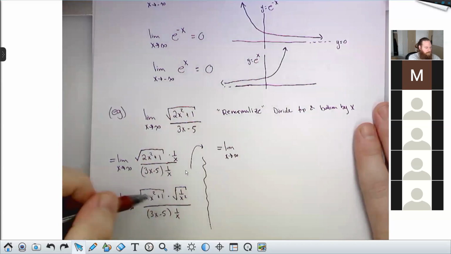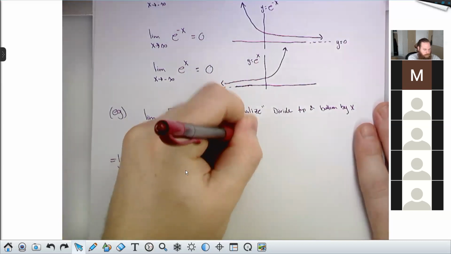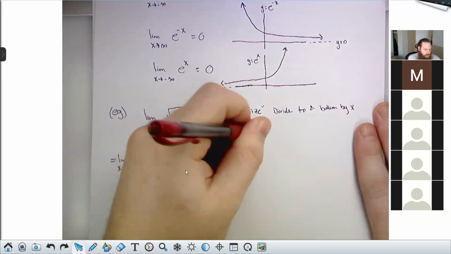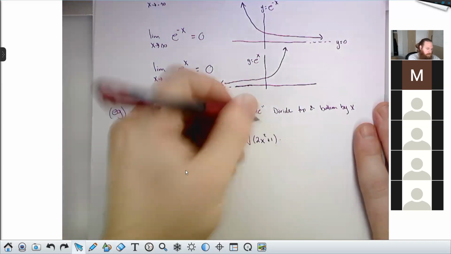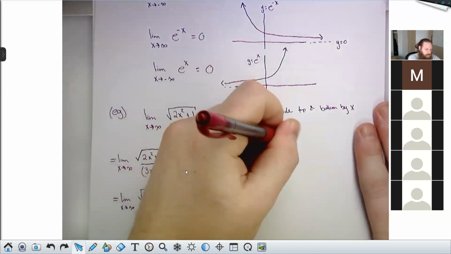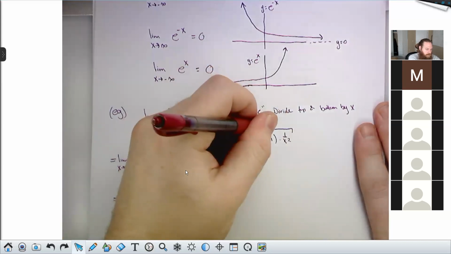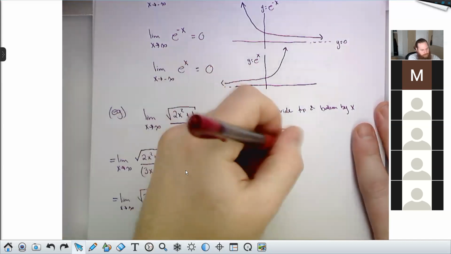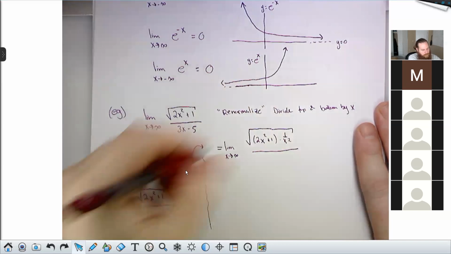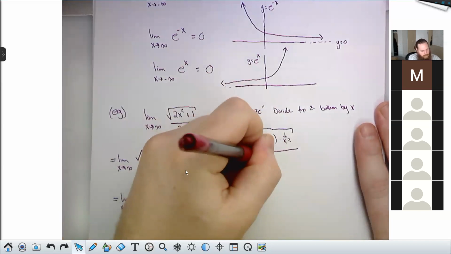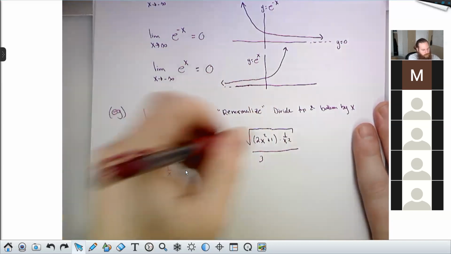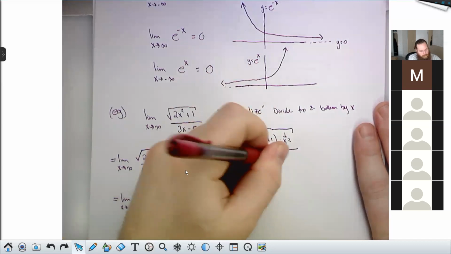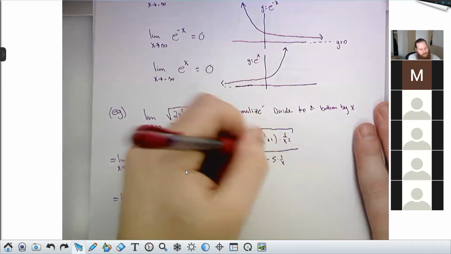Continue this over here. I can combine these two square roots as the square root of 2x squared plus 1 times 1 over x squared. And then downstairs, I can distribute my 1 over x. I'll get 3. X times 1 over x is 1 minus 5 times 1 over x.